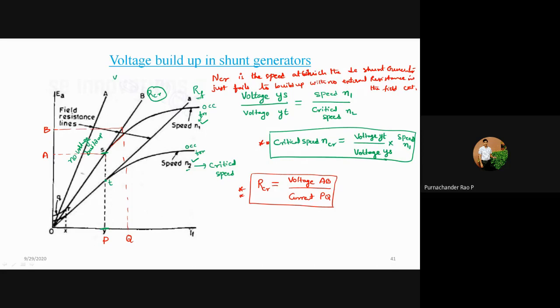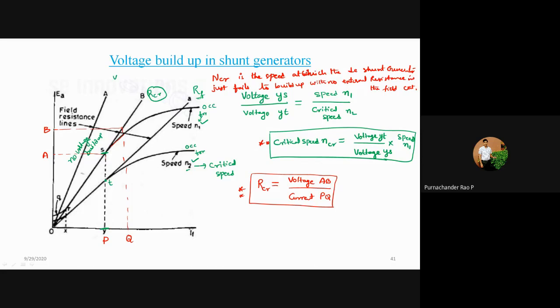So our generator has to be rotated with the speed at which your open circuit characteristics is having a tangent to our RF line, only RF line. So there is no external field resistance.